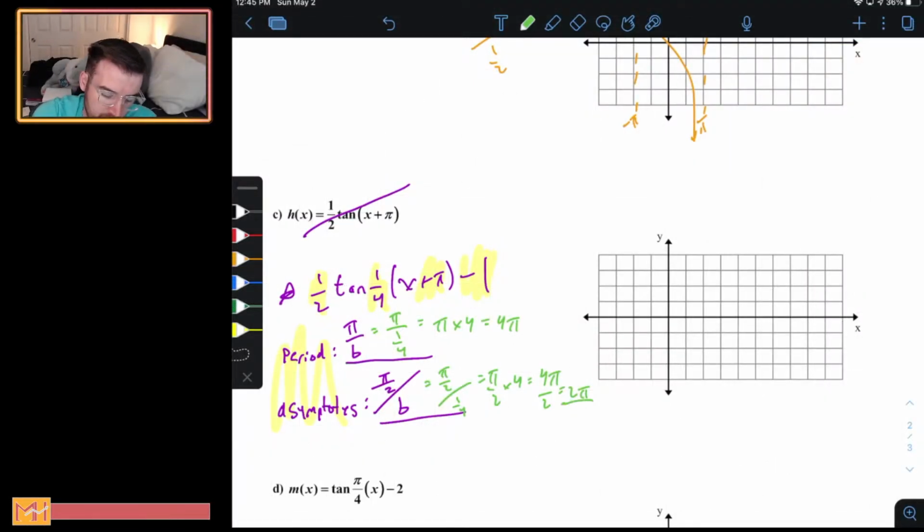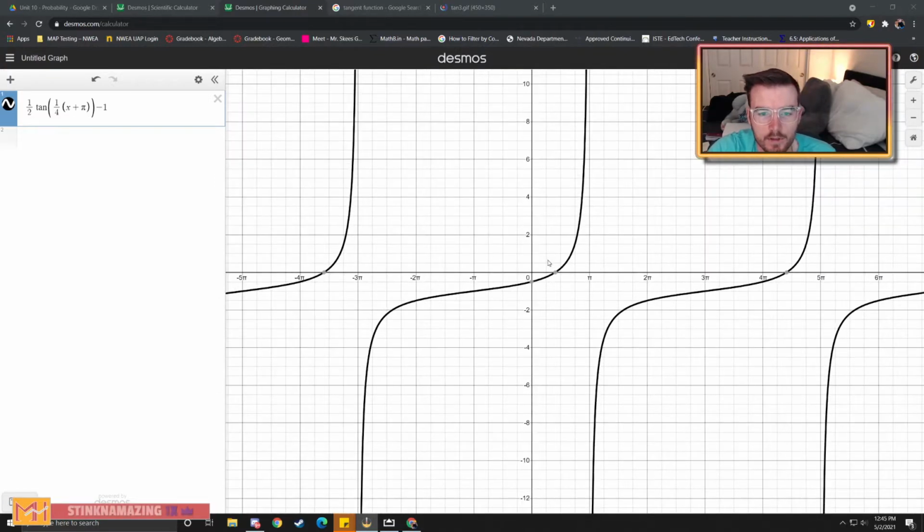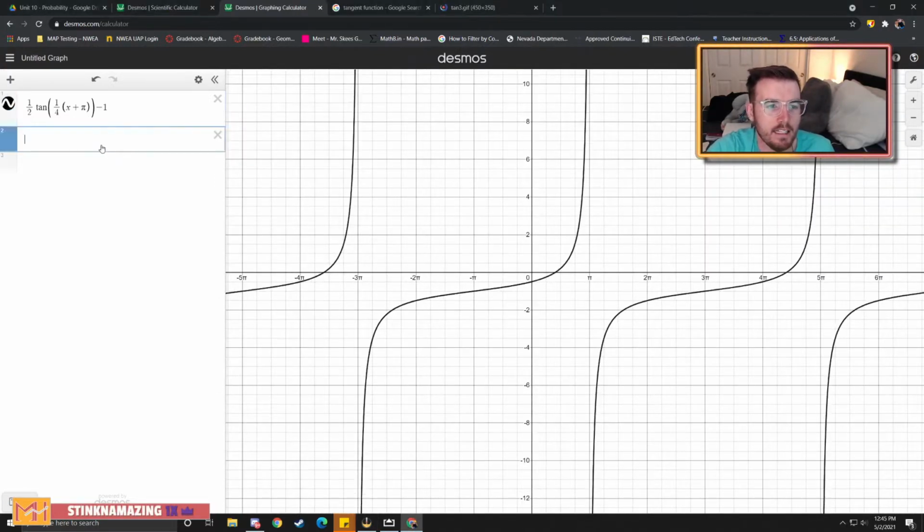If there was no horizontal shift, the asymptote would be at 2 pi. But when we move left pi, now the asymptote is at pi. You want to keep that in mind, and you can see the asymptotes are at pi and 3 pi, and negative 3 pi.